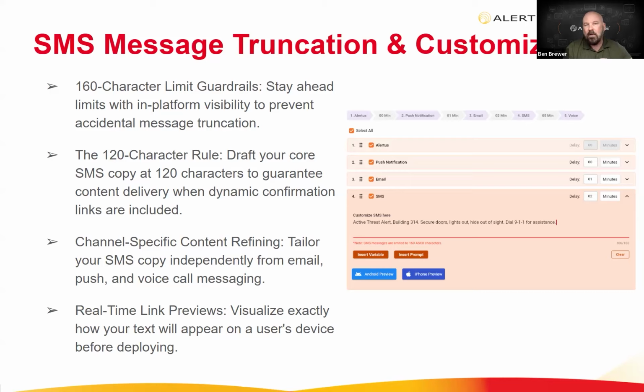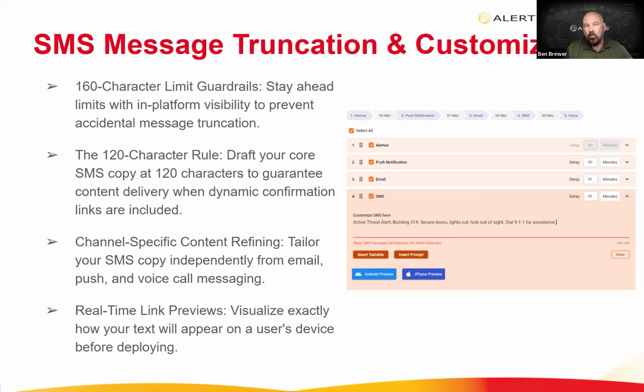So we wanted to take the opportunity today to reemphasize this when you are initiating these alerts. One of the biggest areas where we've seen a strong degree of deviation is severe weather alerting, especially if it's being initiated via Alertus. We need to reemphasize that SMS full truncation is at 160 characters, and that is inclusive of a confirmation link.